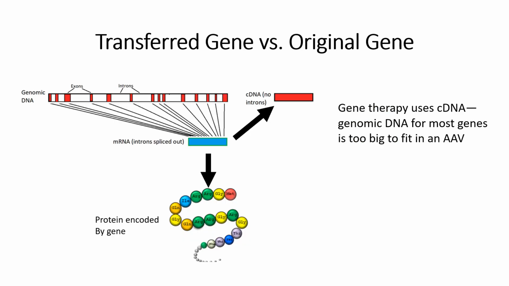Okay, so what do we put in the cell for the transferred gene? So first, the basic purpose of a gene is that it's an instruction for your body to make a certain protein. A protein is a chain of amino acids. There's about 20 different ones that our body normally uses.